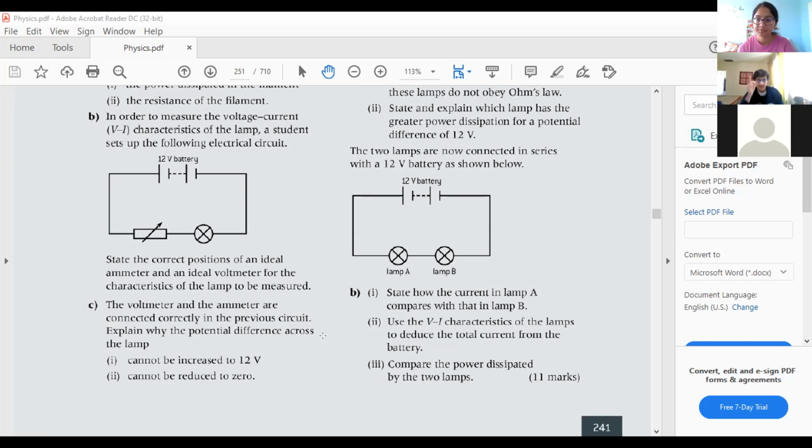I think what it's saying is if the lamp had 0 volts, then the variable resistor would have to have 12 volts, right? Yeah, completely. And if that's the case, then the total resistance is still the same.